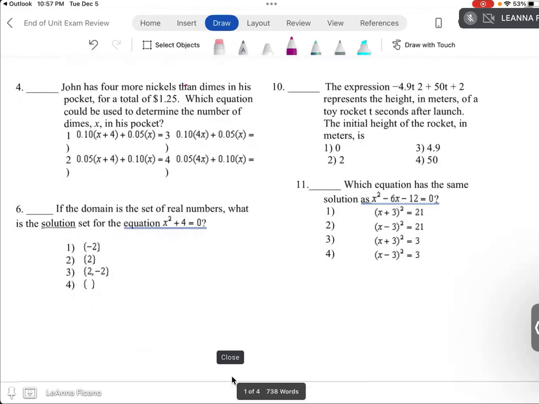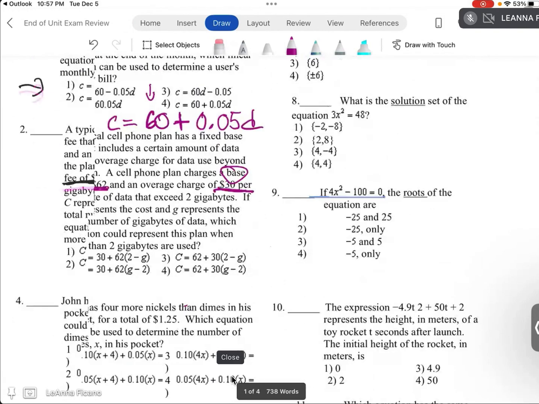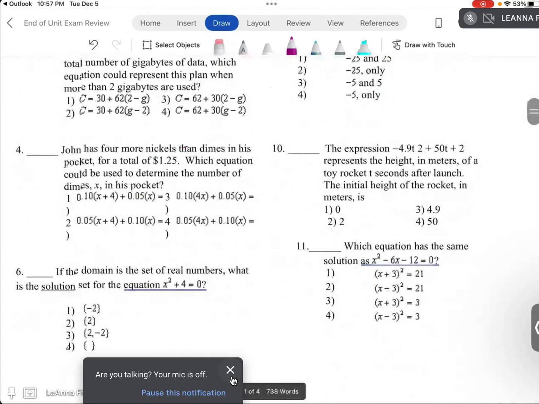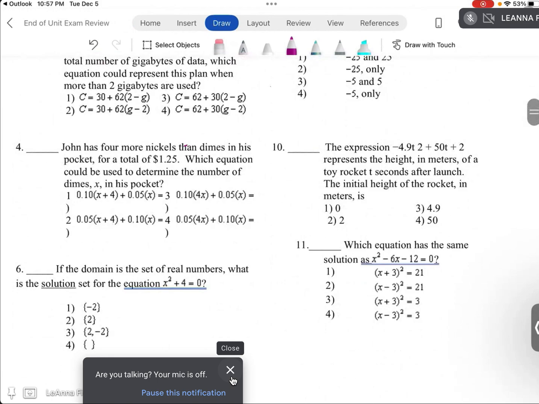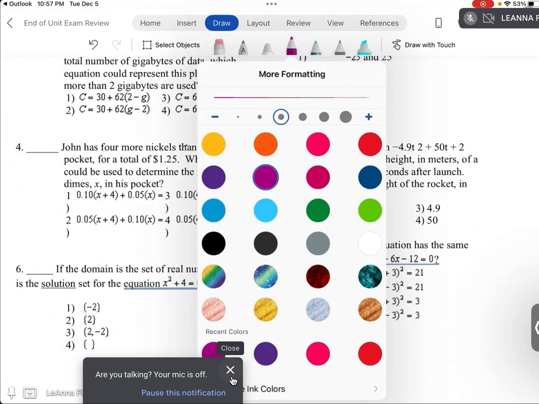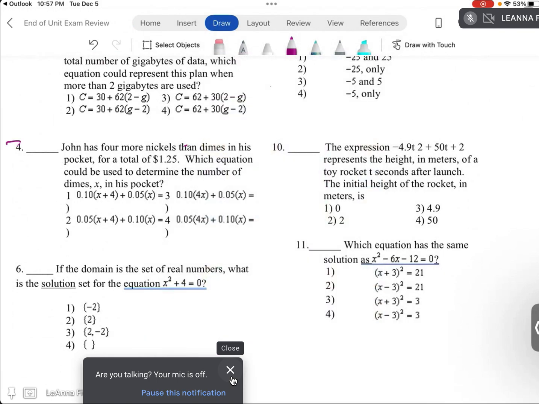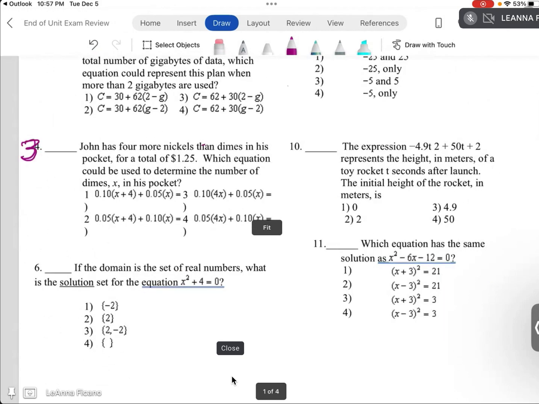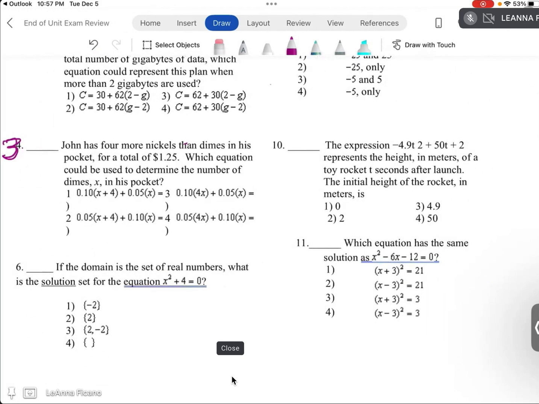Okay, so let's look at number 4. It skips number 3, so I'm sorry about that. Some of these numbers kind of go around, because I got rid of some. I thought there were too many questions for you, so I'll just make that number 3. You could even leave it as number 4 because you're picking an answer here. So just so you see, this is 1, this is 2, this is 3, this is 4.